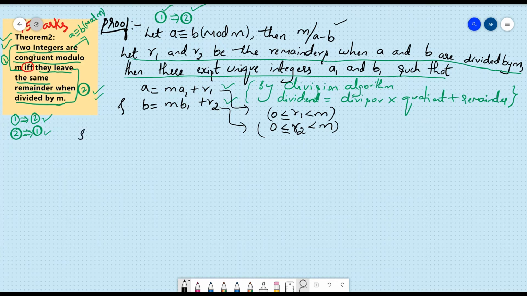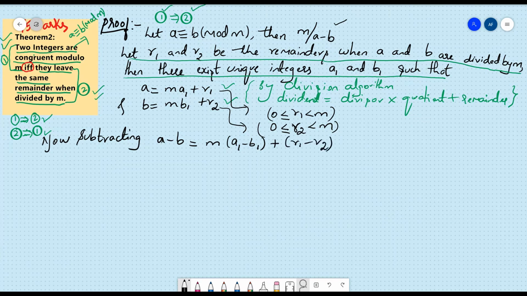Now subtracting, A minus B, I need to subtract these two. Since M is common, I'll get M of A1 minus B1 plus R1 minus R2.